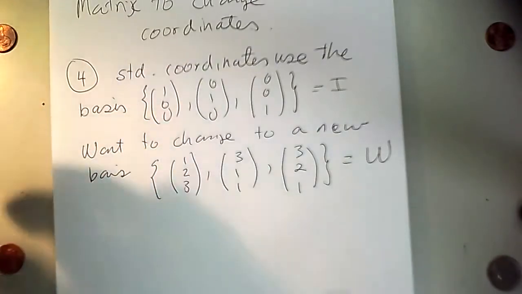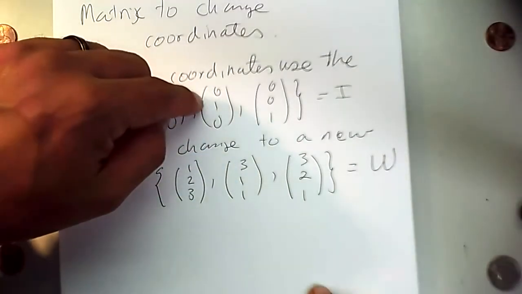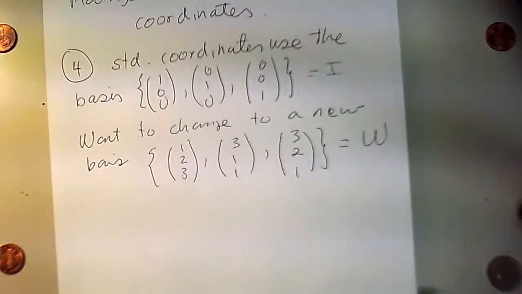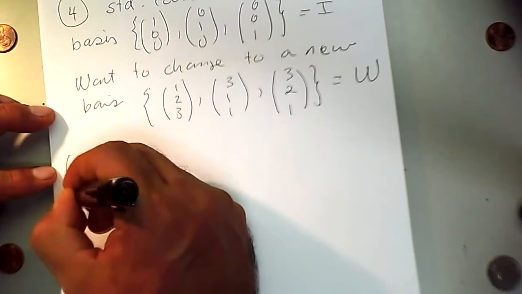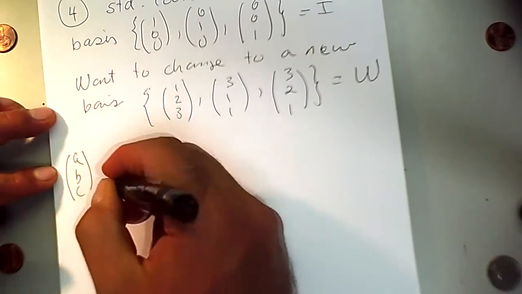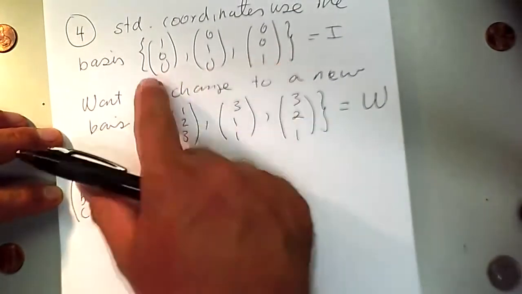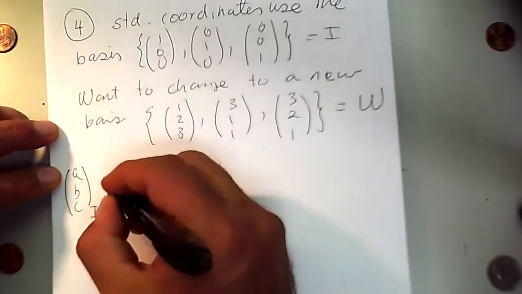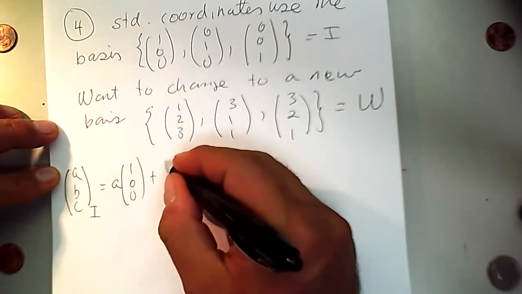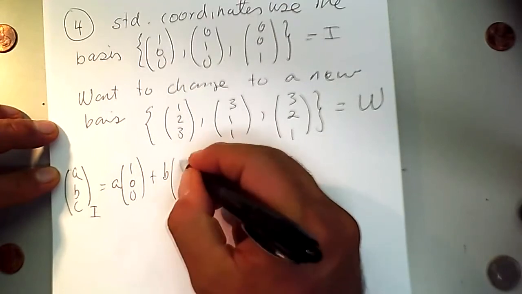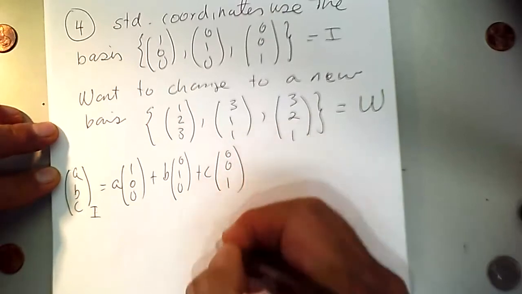Now, whenever you write down A, B, C as a vector, that means A of those plus B of those plus C of those. So when we write down, again, A, B, C, we are assuming we are using this basis in that order. So that is equal to A of 1, 0, 0 plus B of these guys plus C of 0, 0, 1.